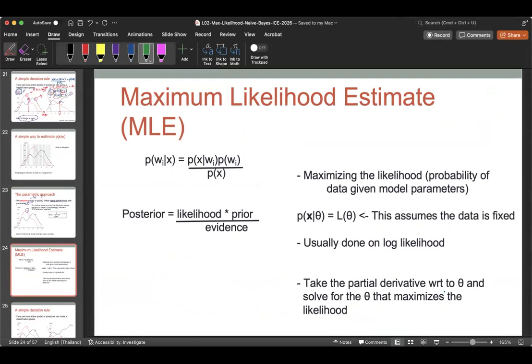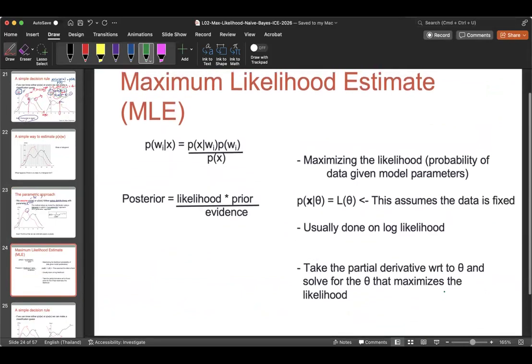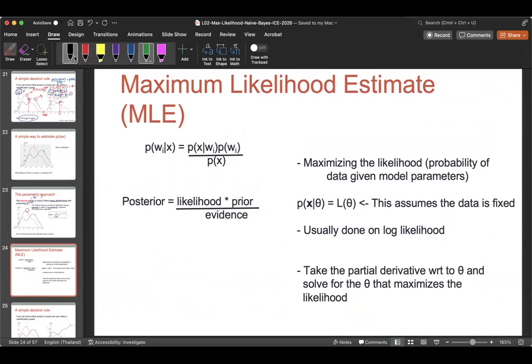Which is trying to maximize our likelihood, or what we did before, the probability of X with some parameter theta. And here, this is just the equation of Bayes rule.